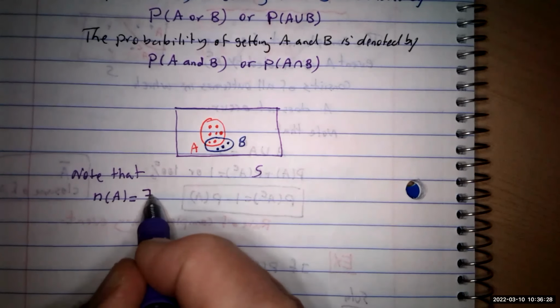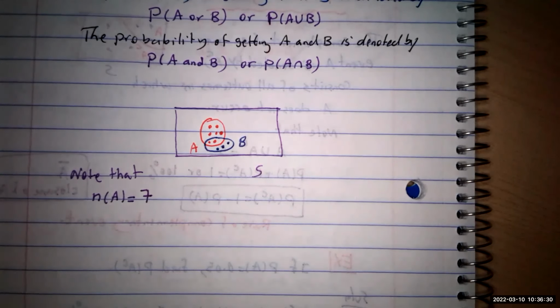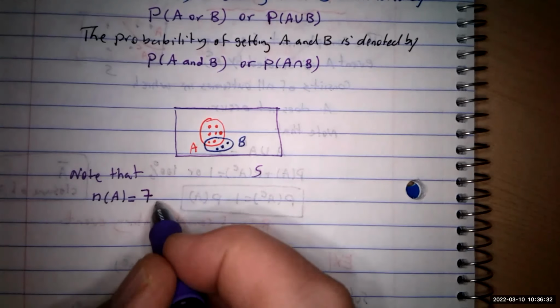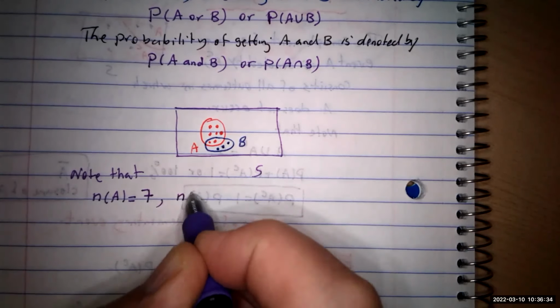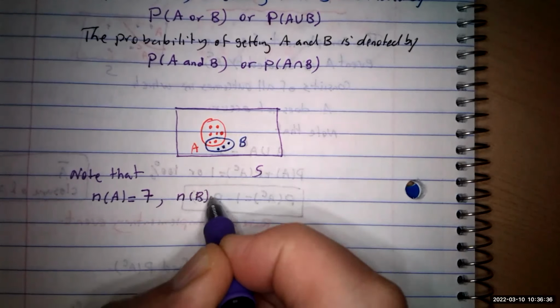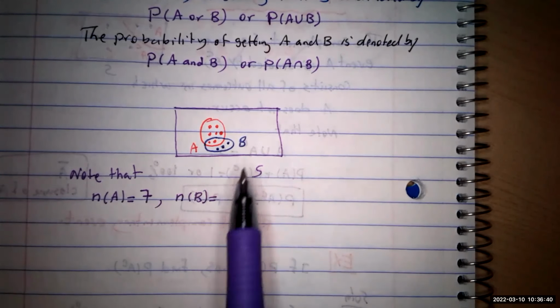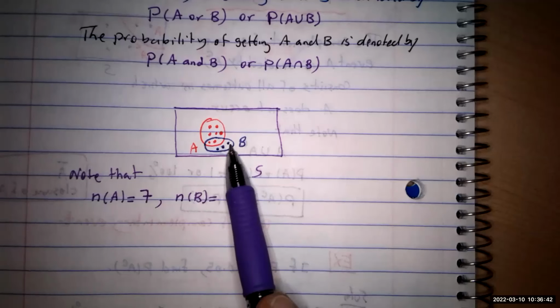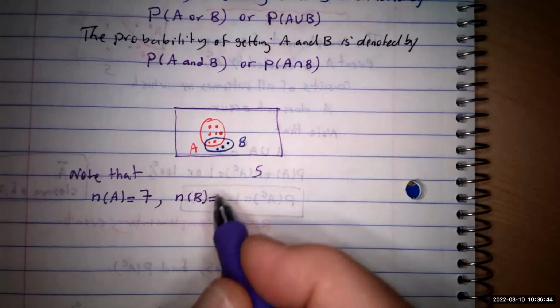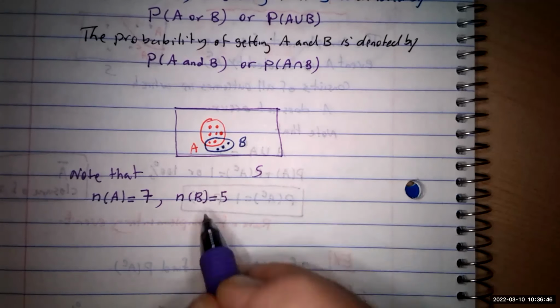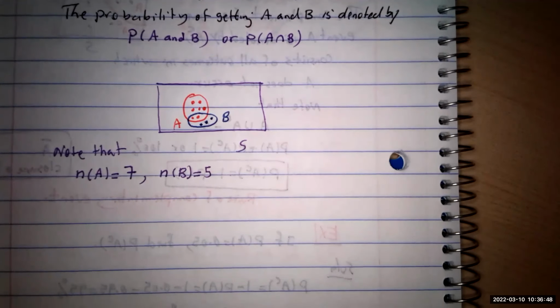So you have 7 outcomes in A. Then you get the outcomes in B. How many do we have in B? You see 1, 2, 3, and the 2 here make it 5. So these are the numbers in A and the numbers in B. Any question?